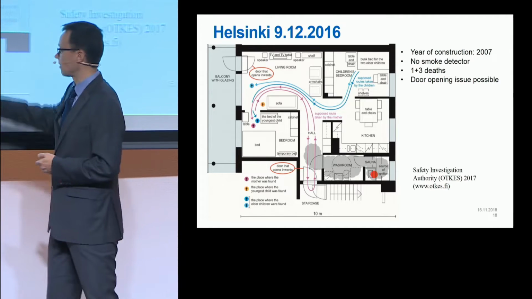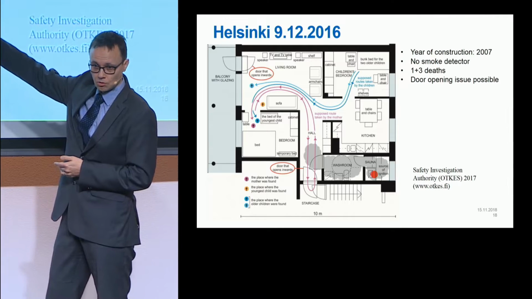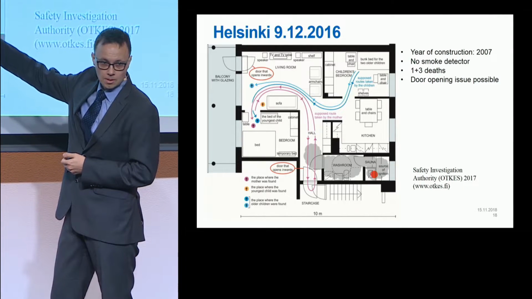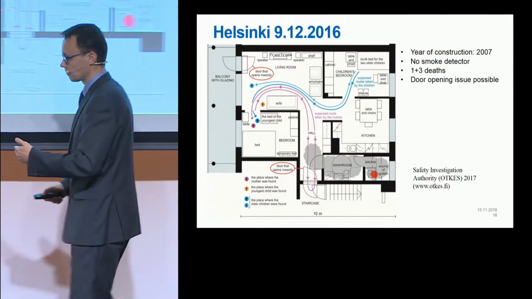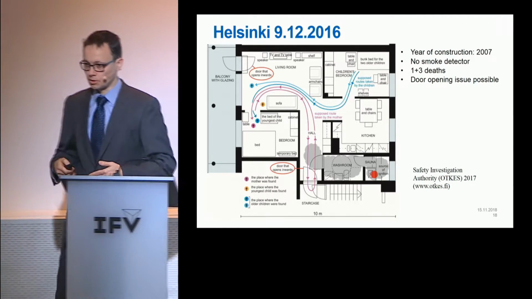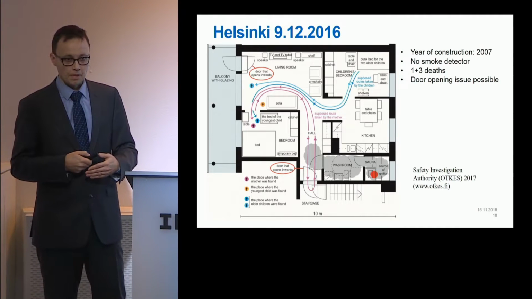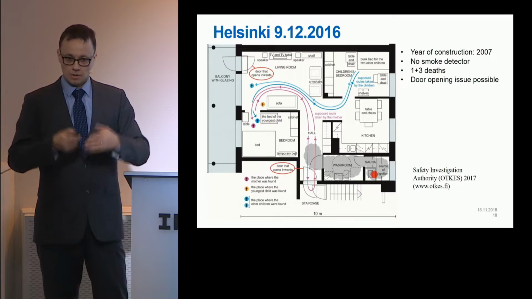We know they have been at the door, they have been at the balcony door, which also opened inwards. We don't know if the overpressure really was the reason why they didn't open the doors and escape, but they never did. There are signs in the doors.